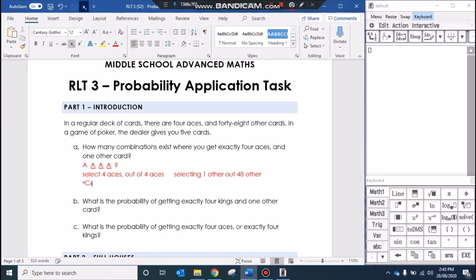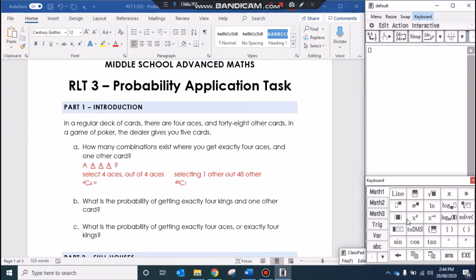So it's 4C4. Now, when you're selecting 1 card out of 48 cards, similar thing, you've got 48 cards to choose from and you're selecting 1.